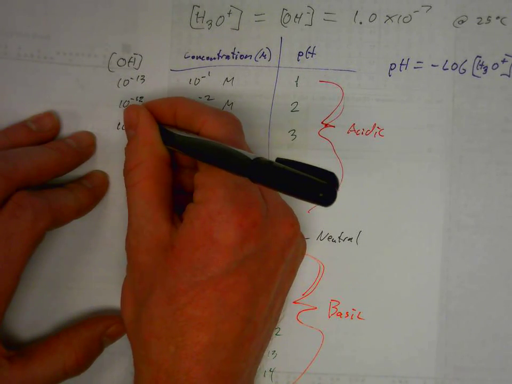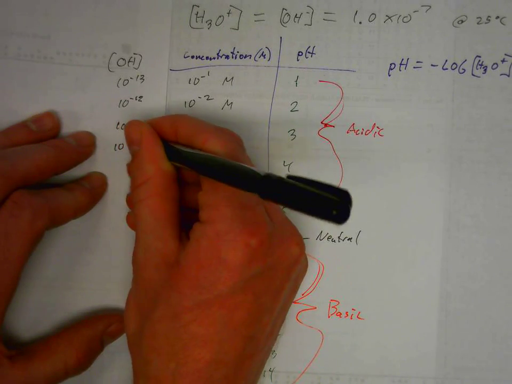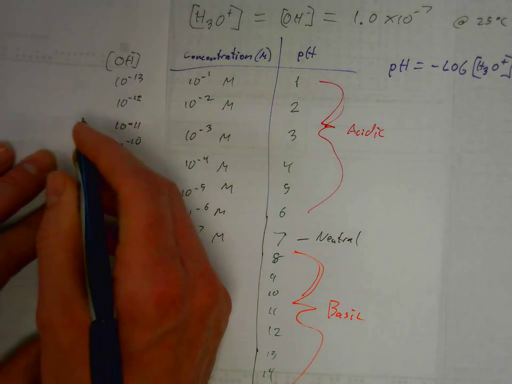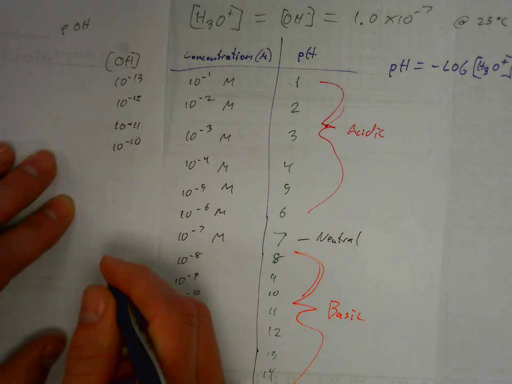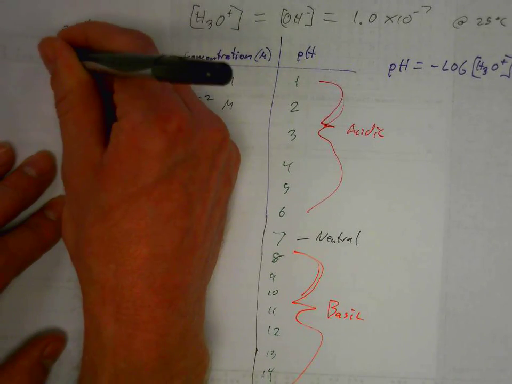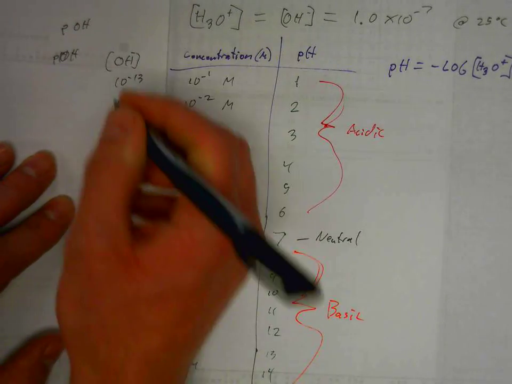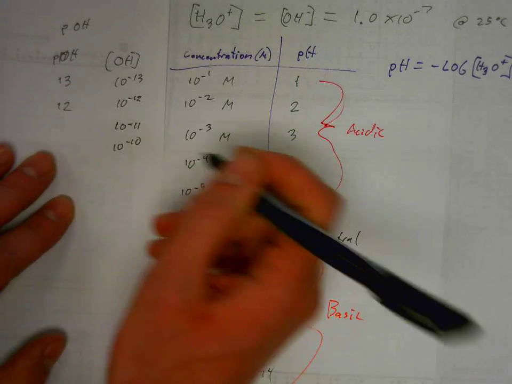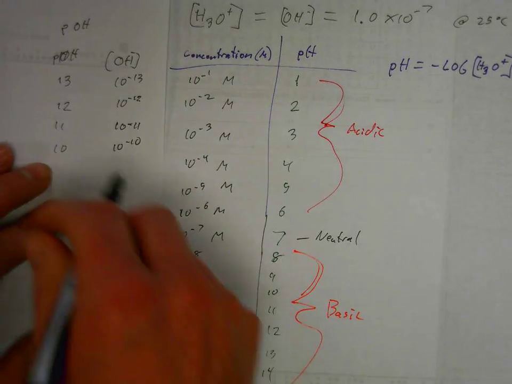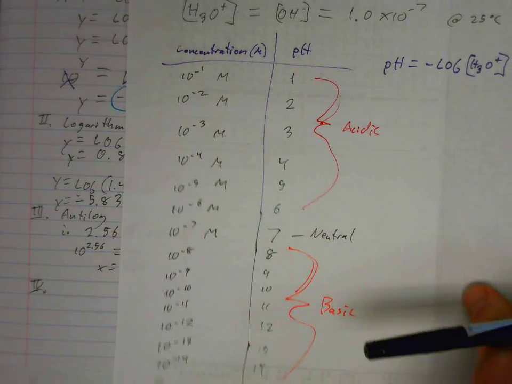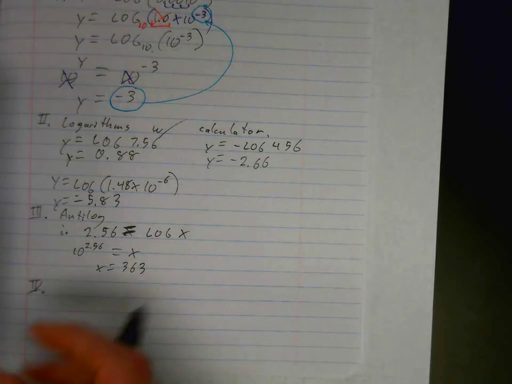And if we do the same process and find the pOH, we end up with pOH values of 13, 12, 11, 10, in a similar way that we found the pH. So the pOH is found by taking the negative log of the hydroxide ion concentration.